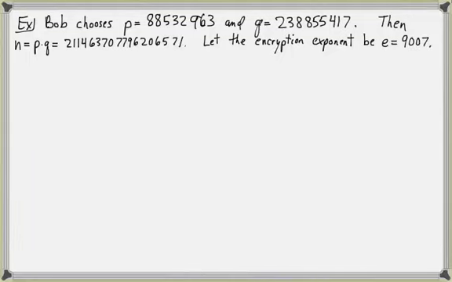Okay, so 9007 is relatively prime to phi of N. Now, the public key will be N and the encryption exponent E. So Bob sends N and E to Alice.